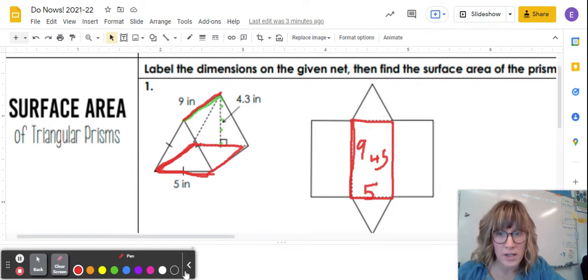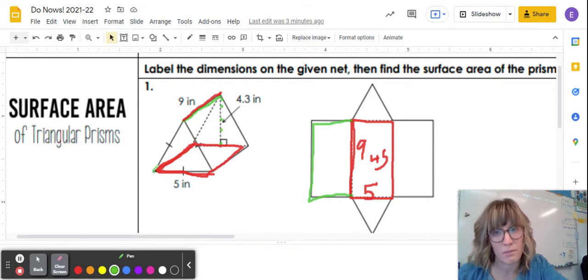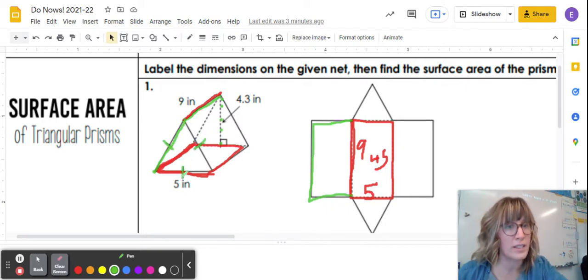Well, the good news here is that we know that that is the same size for all three of these rectangles. They're all 5 inches by 9 inches, because this is an equilateral triangle. We're given that this and this and this are all the same width.